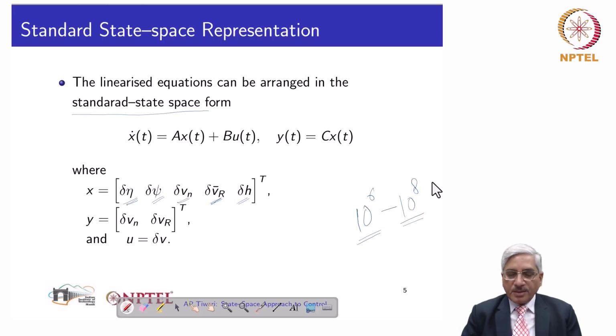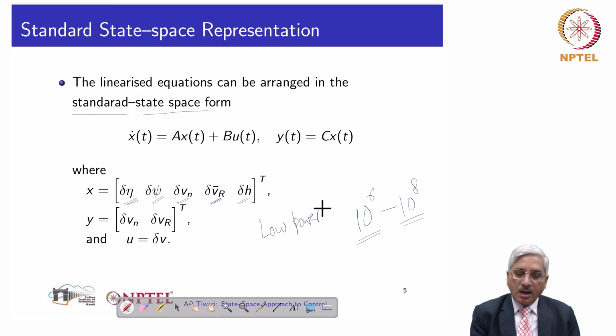So for measurement of neutron density in a nuclear reactor, we have low power measurement or logarithmic range measurement, we have intermediate power or intermediate range measurement, and we have normal power measurement.